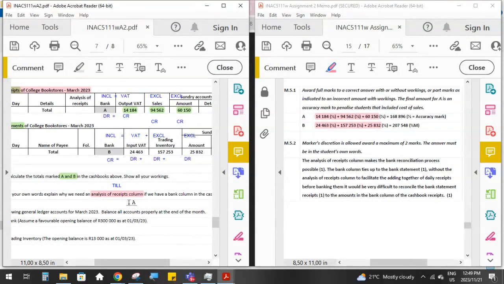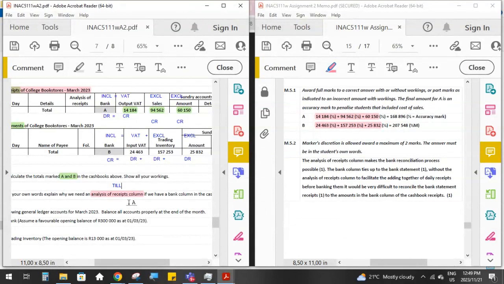When we bank it, we then add up all of the analysis of receipts column amounts, and then that total is transferred, put into the bank account to show that the money is now in the bank account. So it's almost like a holding column. When we receive it, we put it in the analysis of receipts just to remind us, hey guys, we received money.